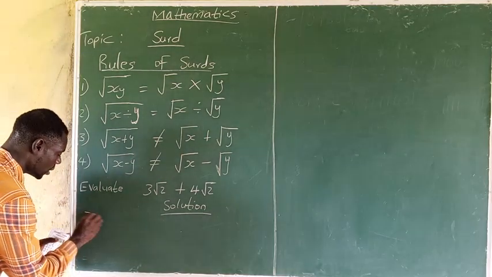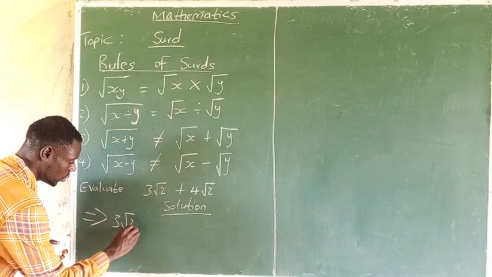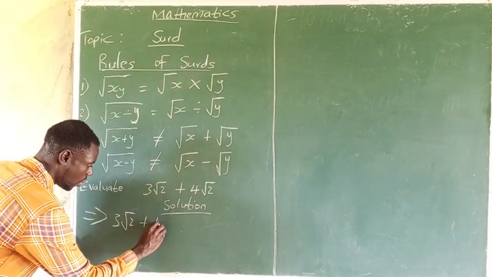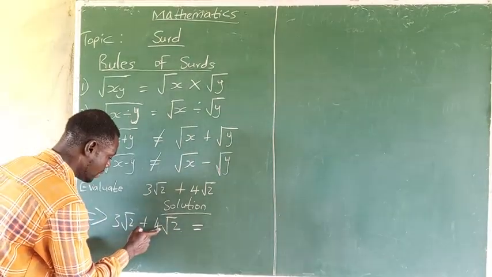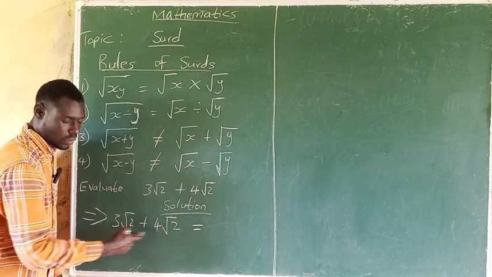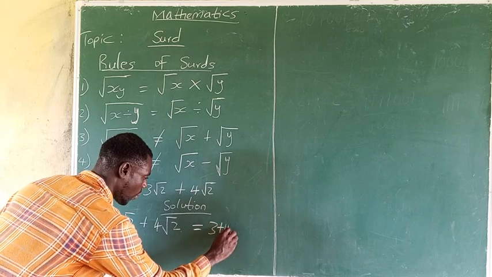What this simply means is that 3 root 2 plus 4 root 2 is equal to, I bring what is outside. What is outside? I add them together, 3 plus 4.